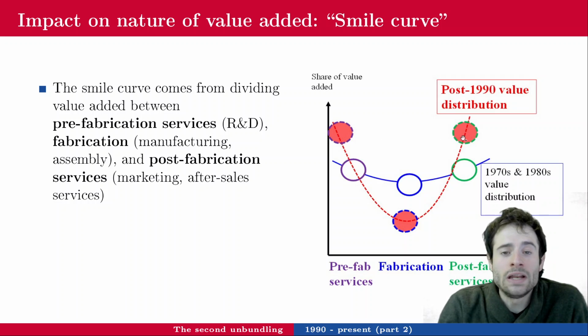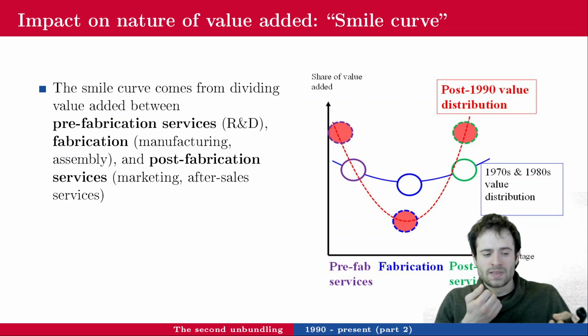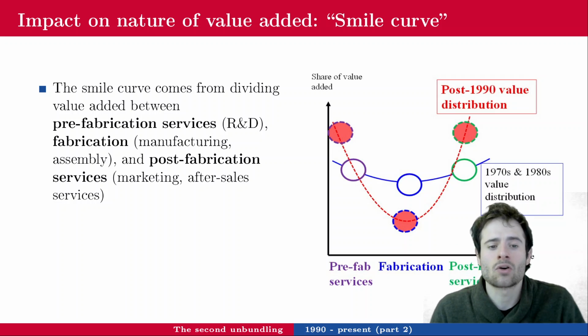We also saw an increase in advertising. Advertising is part of the post fabrication services, after sale services, and a lot of investments into the design of the good in order for firms to distinguish themselves from their competitors.